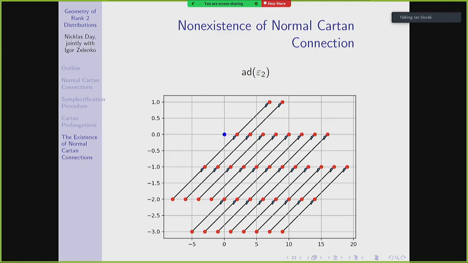Last question. Suppose that the Tanaka symbol stabilizes exactly after n minus 5 Cartan prolongations. Is it based on the simplification procedure? It's pretty much purely algebraic. It does use it a little bit, that there's some integrability property of the distribution itself. You have certain integrable subdistributions from this frame in the symplectification procedure.